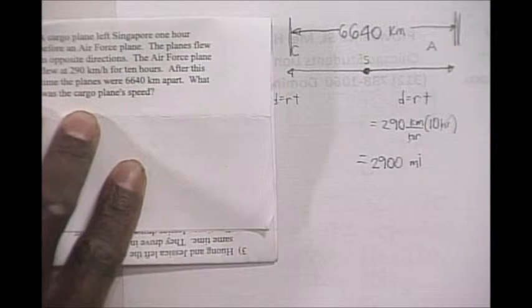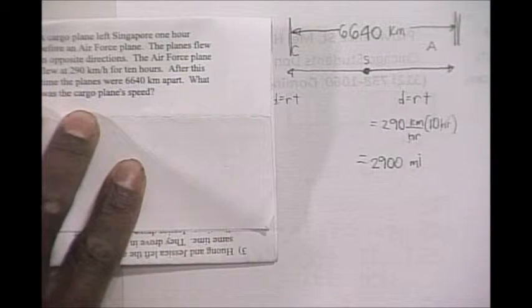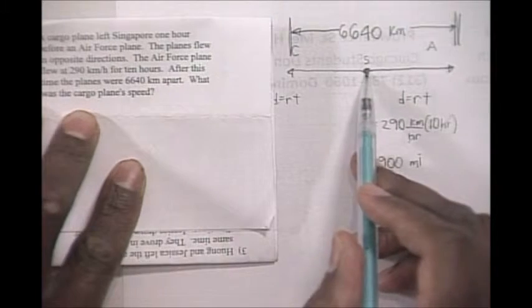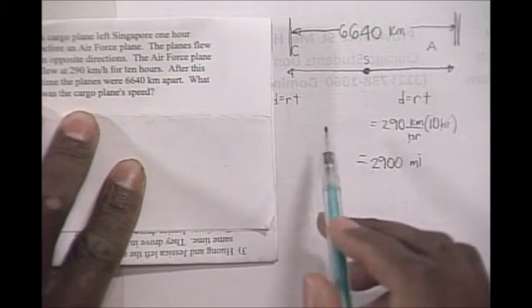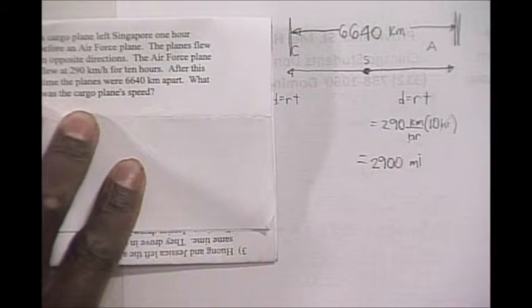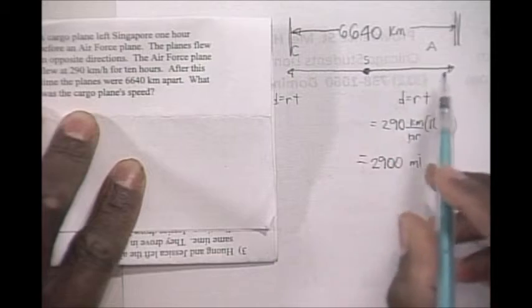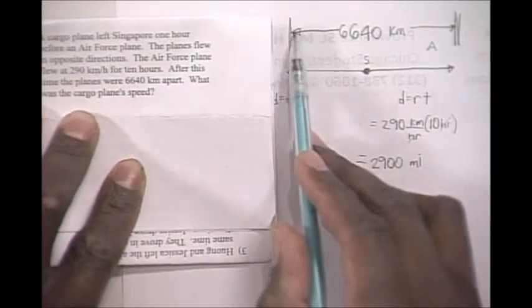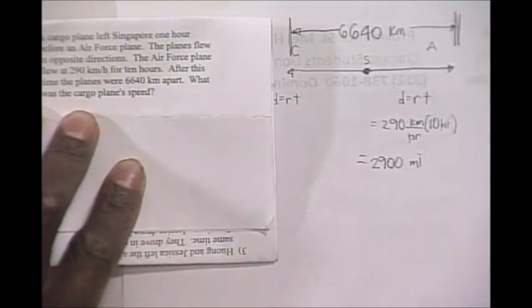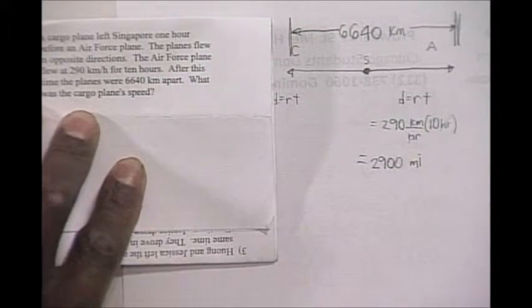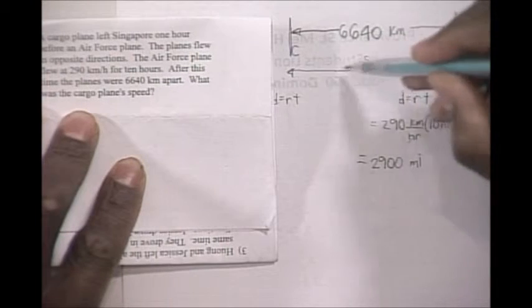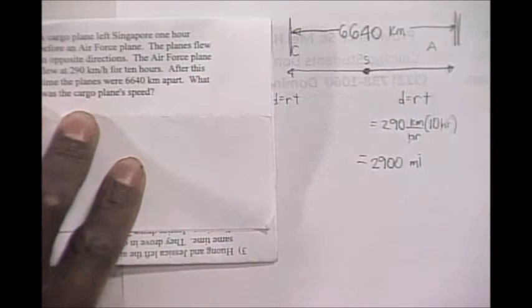So what we want you to see here is that this distance was 2,900, and then after 10 hours, the planes were 6,640 kilometers apart. Hopefully you can see that if you want the distance that the cargo plane traveled, you would just simply subtract.